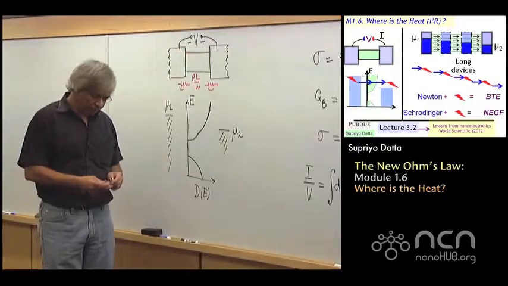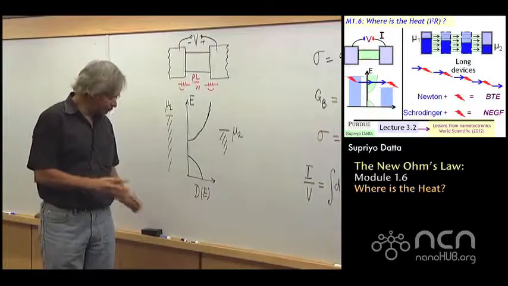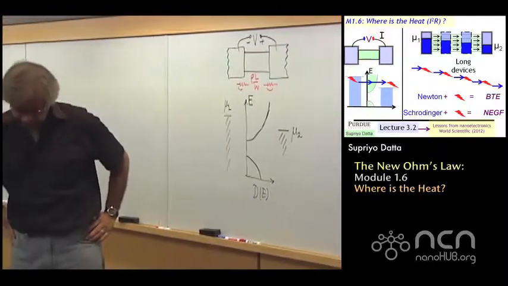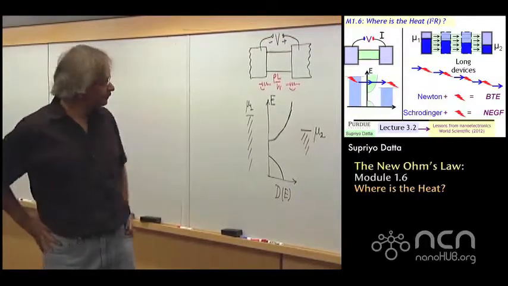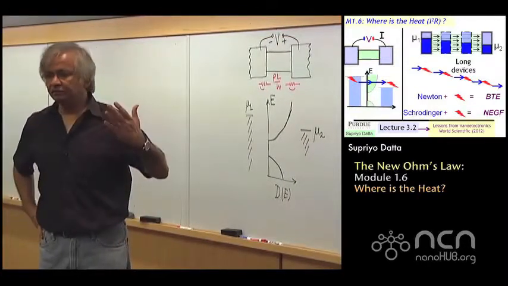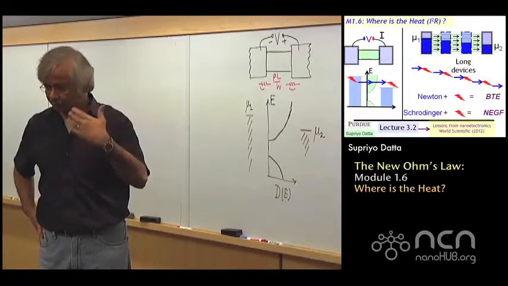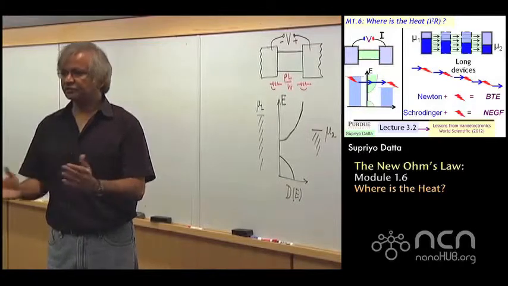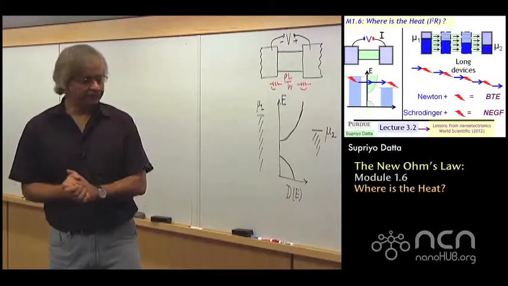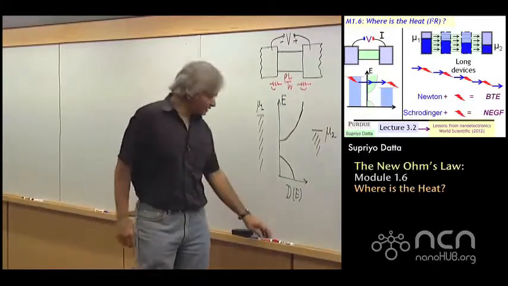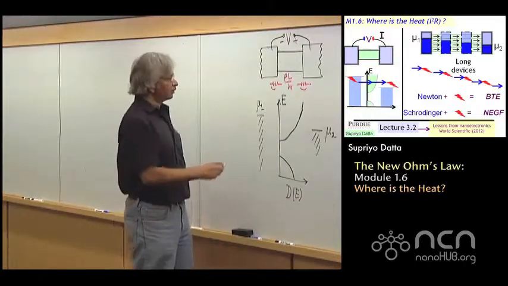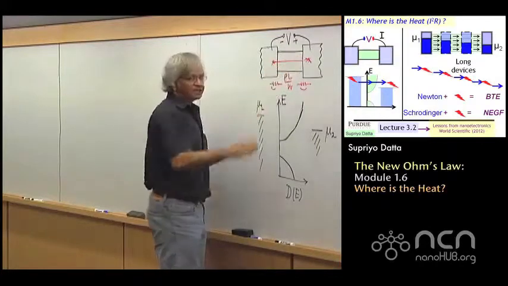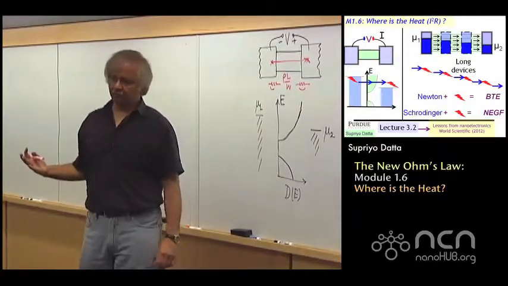Now, one important conceptual point that I want to stress here is that one of the reasons why people always assumed, or there was always this argument, that when you make something really small, the resistance should go to 0. The thinking was that when you make something small, an electron can go from left to right without exchanging any energy with its surroundings.